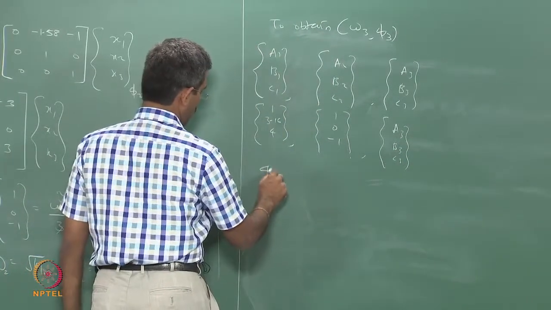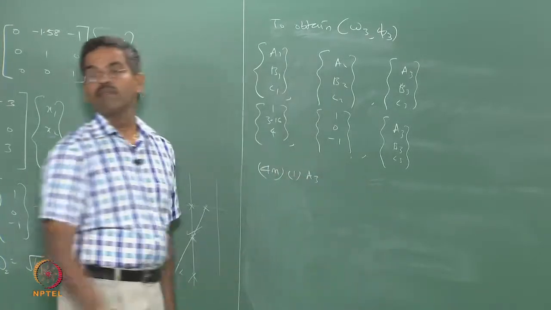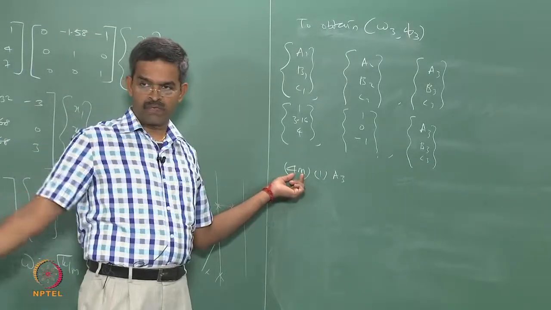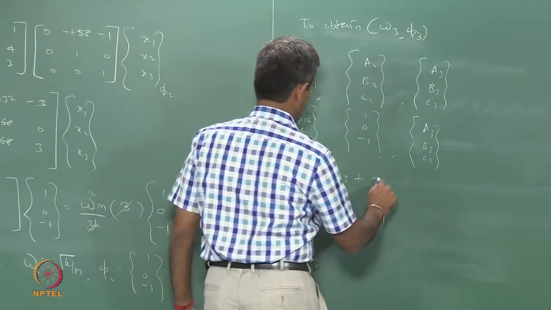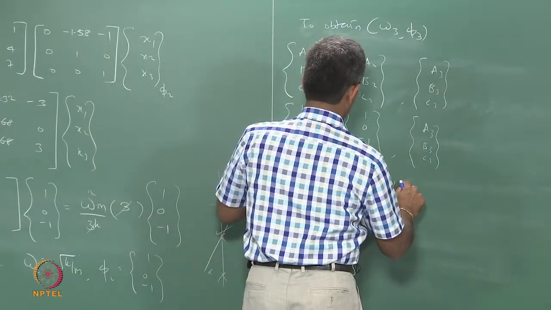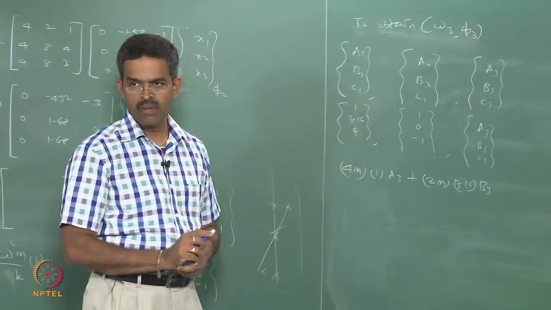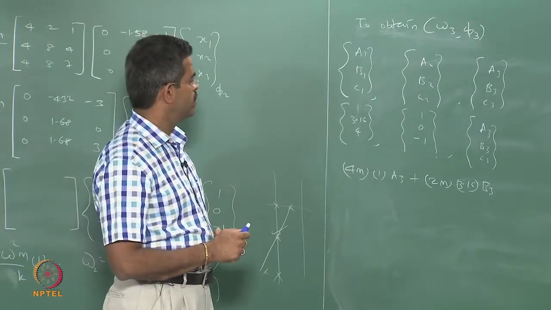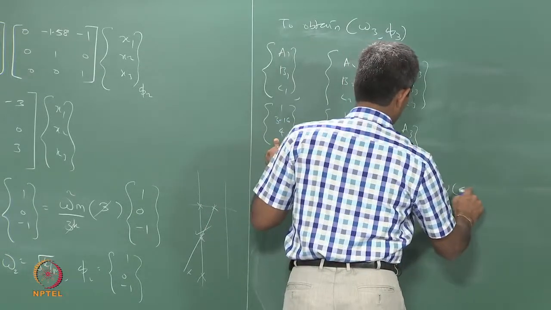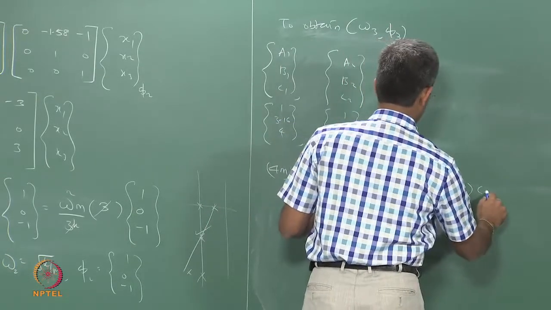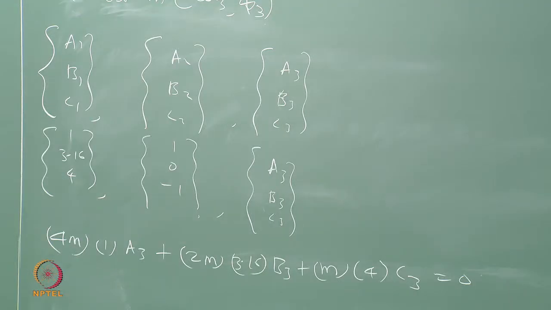So, I should say 4m of 1 of A3, where 4m is the mass matrix M1, 1 is this value, A3 is this, plus 2m of 3.16 of B3 plus m of 4 of C3 should be set to 0 because they are cross products.